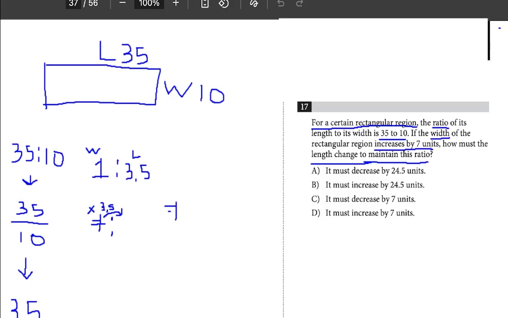So we're going to have 7 times 3.5 is equal to 24.5. And because it says the width of the rectangular region increases by 7 units, we know our answer must be B because it talks about increase as well. So our answer is B.